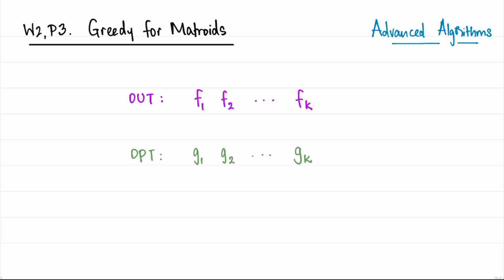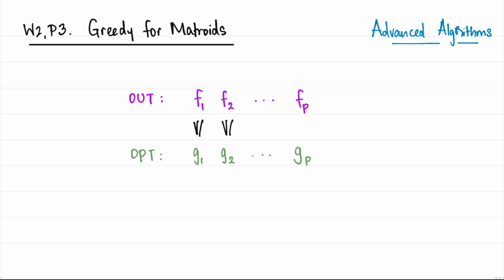Let's ask ourselves, what about F1 versus G1, which is the heavier element? Let's say F1 turns out to be the heavier one, and this goes on for a while. But there must be some point where this stops happening, because if this is what happens till the end, then the greedy outcome is certainly as good as the optimum outcome.